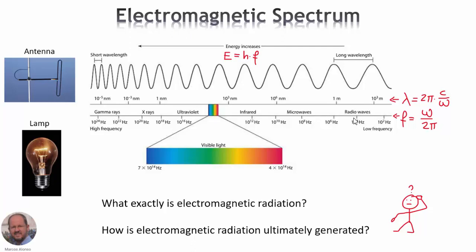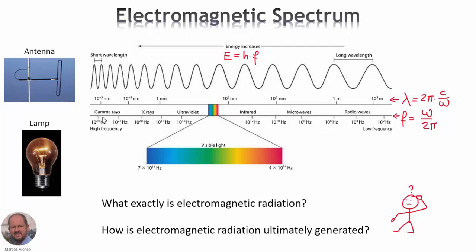frequencies radio waves. Then if we increase the frequency, go into the microwave range, then infrared range, then we enter into the visible part of the spectrum that we can see with our eyes. Then we increase further the frequency and get into the ultraviolet range, then X-rays, and finally gamma rays.